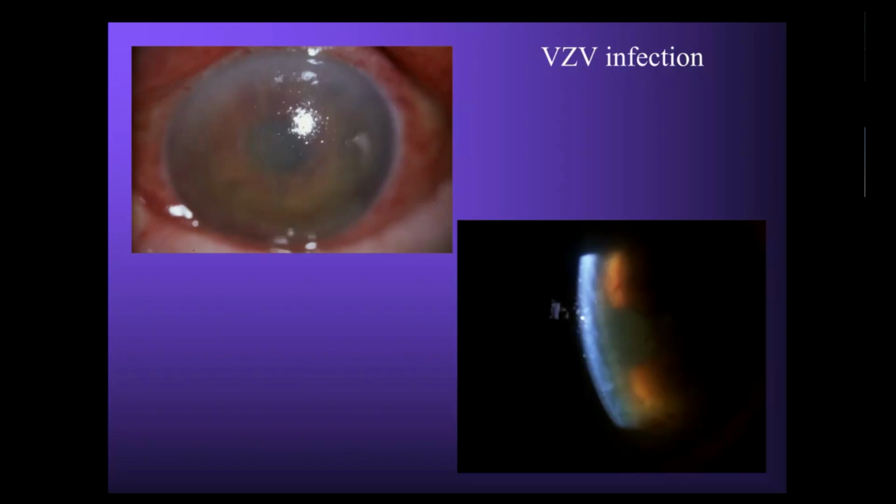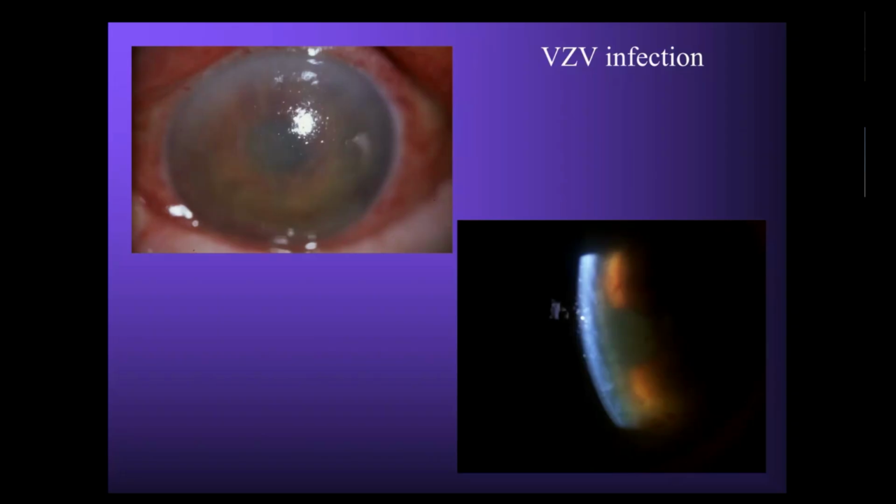In contrast to herpes simplex virus, after the primary infection, the virus is in the glial cells in the ganglion. It's not in the neurons, and it waits for a chance to come down to the cornea.